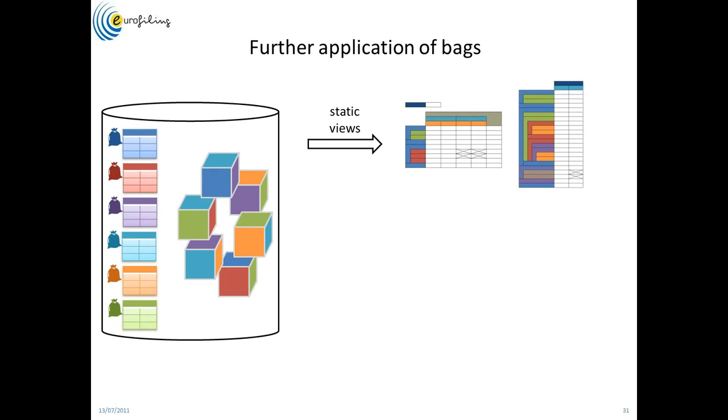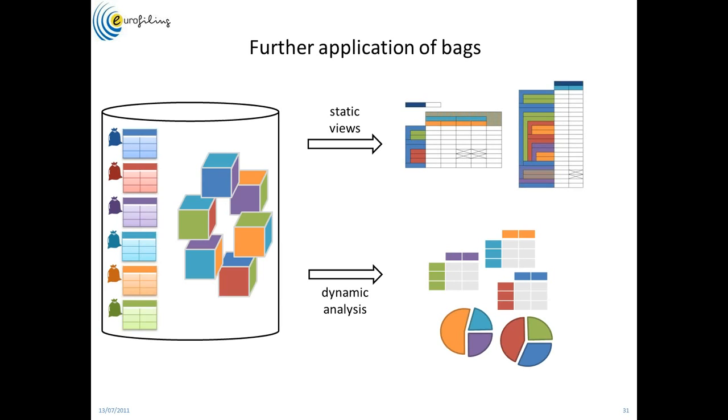This helps us to define static views in the BI systems and refer back to the original templates of the data model, but also this allows for dynamic analysis, where we can create many queries based on the consistently defined data.